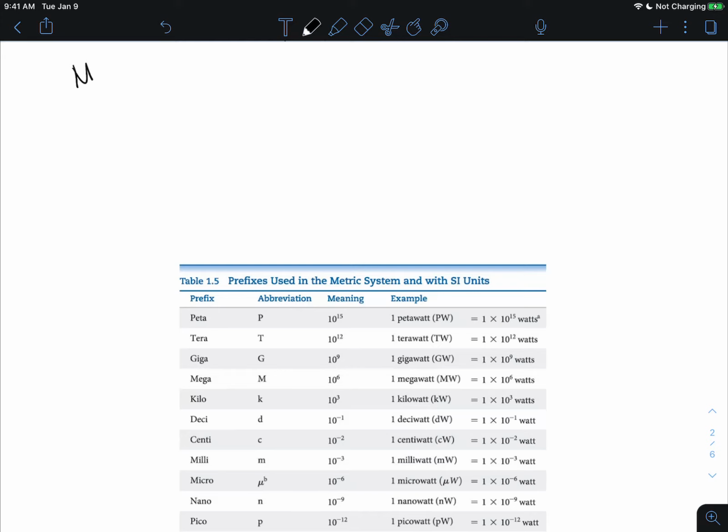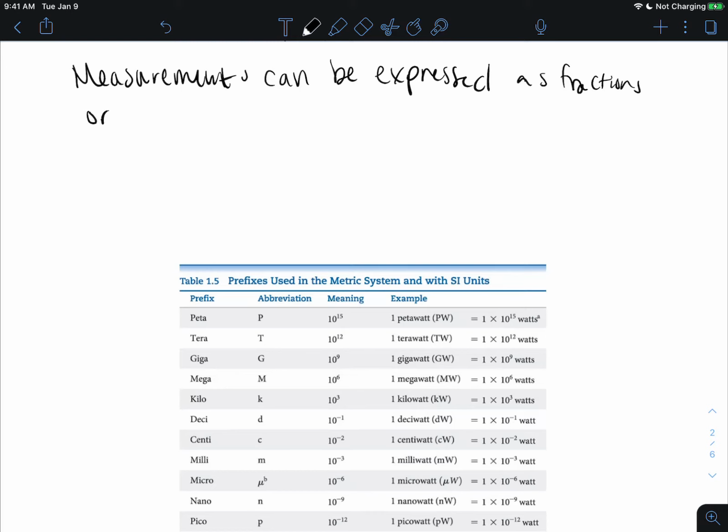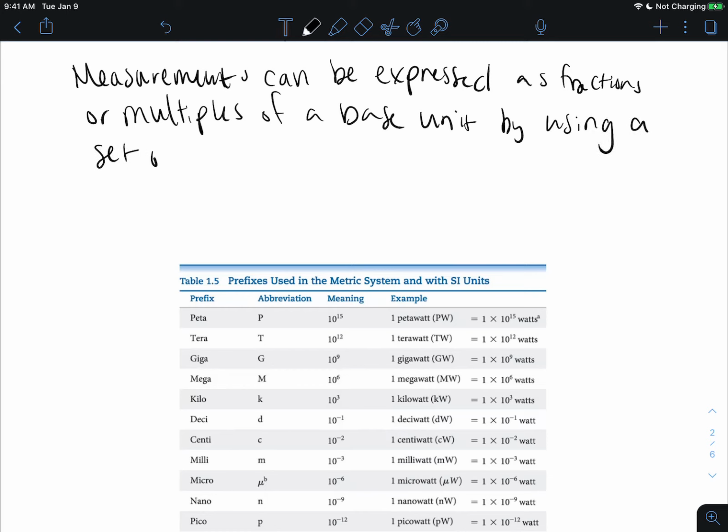So measurements can be expressed as fractions or multiples of a base unit by using a set of simple prefixes.